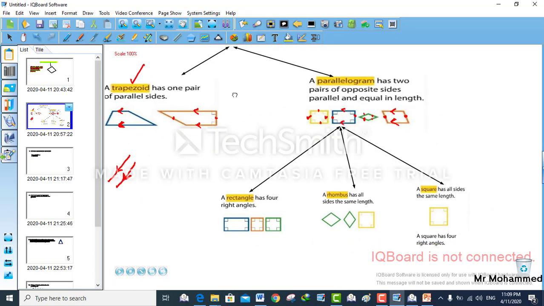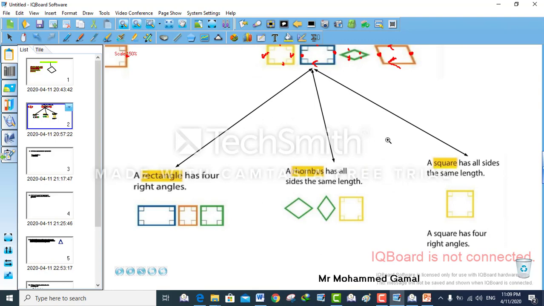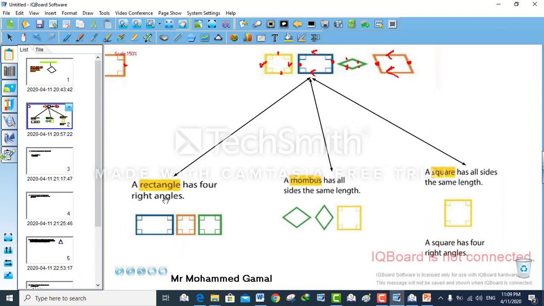Okay, let's move it a little bit to make it clear for you. Now look at this. We have here the parallelogram. It has three sons: rectangle, rhombus, and square, the last one and the most lucky one.